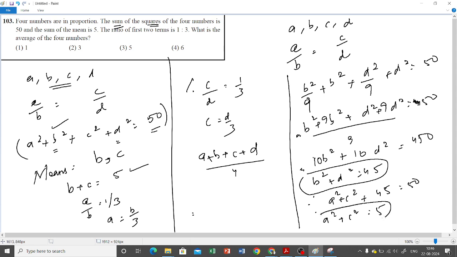We have a square plus c square is 5. We need to find out a plus b plus c plus d by 4. And also we have b plus c as 5.